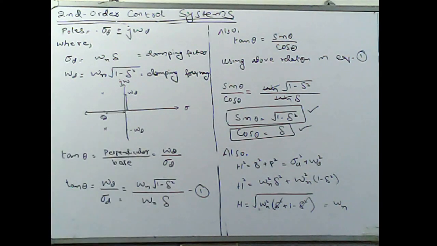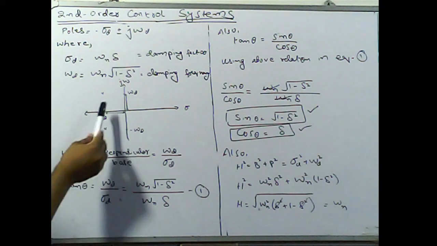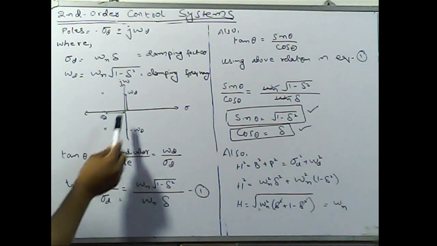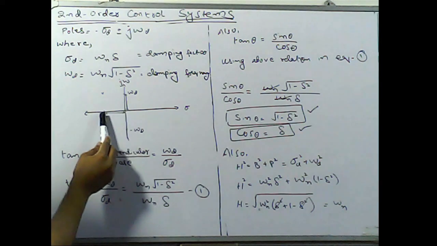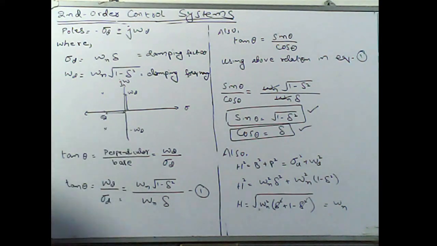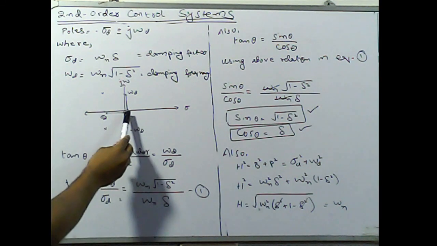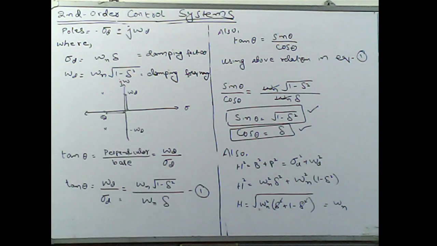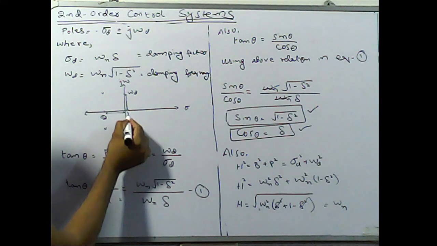This is our pole zero plot of the generic form of a second order control system. Here we have two poles, one is located here and the other one is located here. The distance from the origin to this point is sigma d, and the distance from the origin to this point and to this point is omega d.